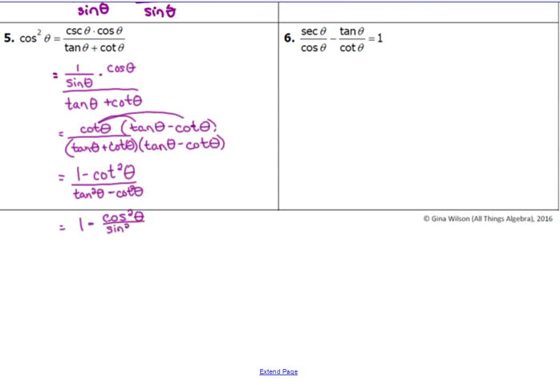Let's rewrite cotangent as cosine over sine, squared, obviously, since it's cotangent squared. So it's cosine squared over sine squared. Tangent squared is sine squared over cosine squared. Cotangent is cosine squared over sine squared.